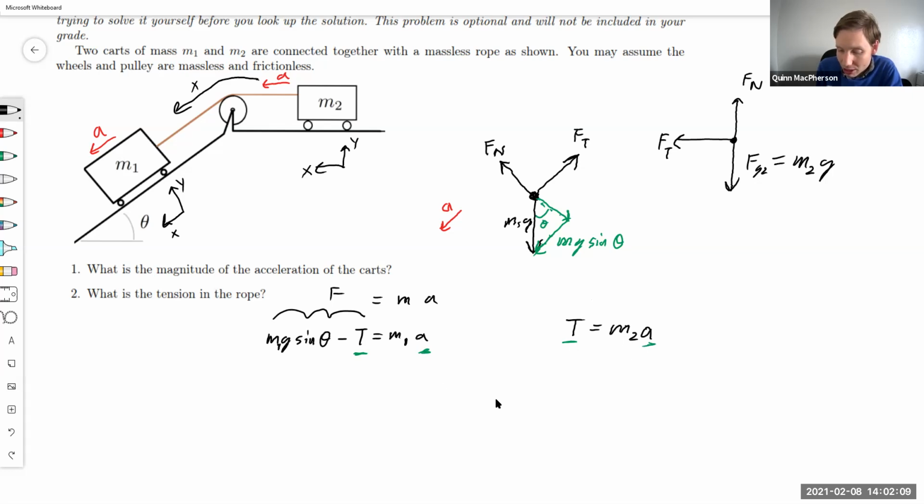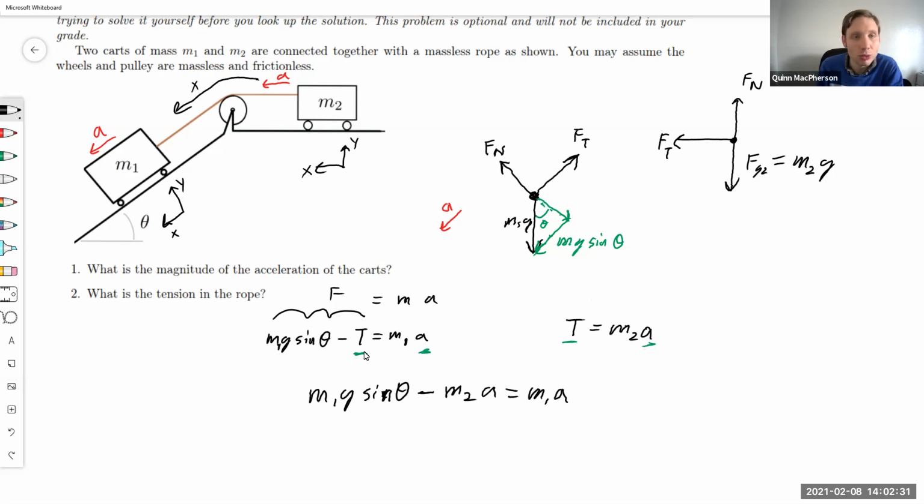So I'm going to plug this T into here and get m1 g sine theta minus T, but T is m2 a, is equal to m1 a.